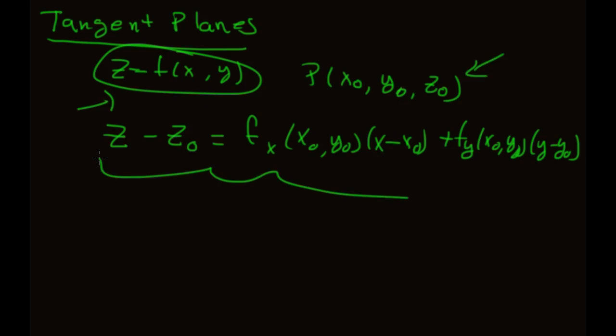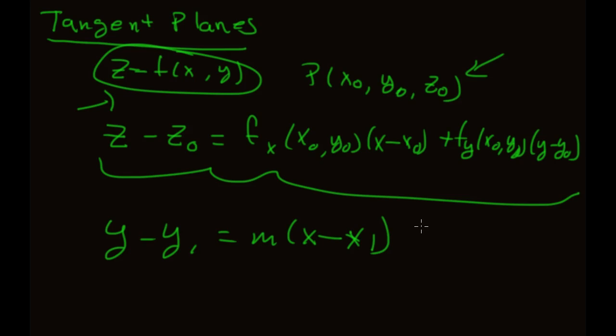Now, if you look at this carefully, this is like the extension of y minus y1 is m times x minus x1, the point slope form of a line. So essentially what we've done is we've taken this and ramped it up. This is still the height, the change in height.